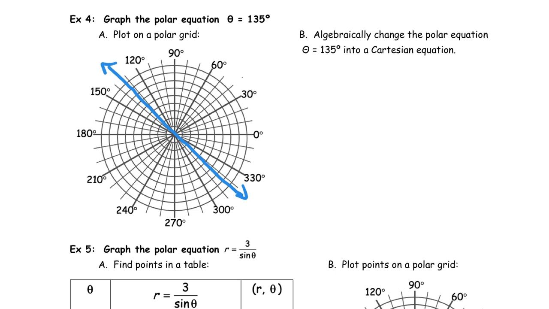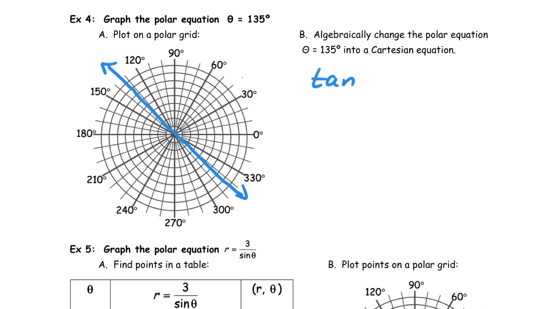Now let's see if we can figure out how to convert this to Cartesian. If I put that on a Cartesian graph, could you tell me what the slope of the line would be? Would it be positive or negative? It'd be negative. It'd be -1. So let's take a look.